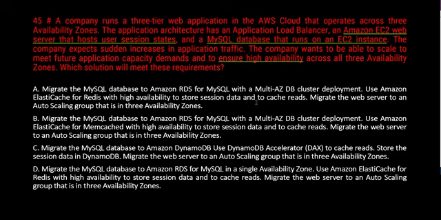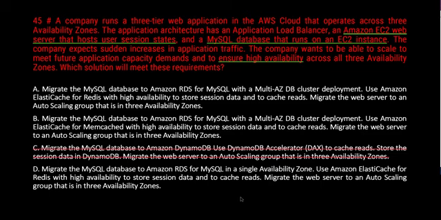Okay, so first of all, we can eliminate migrating MySQL to DynamoDB, because MySQL is a relational database and DynamoDB is a NoSQL database. So let's eliminate that option out of the picture, right?